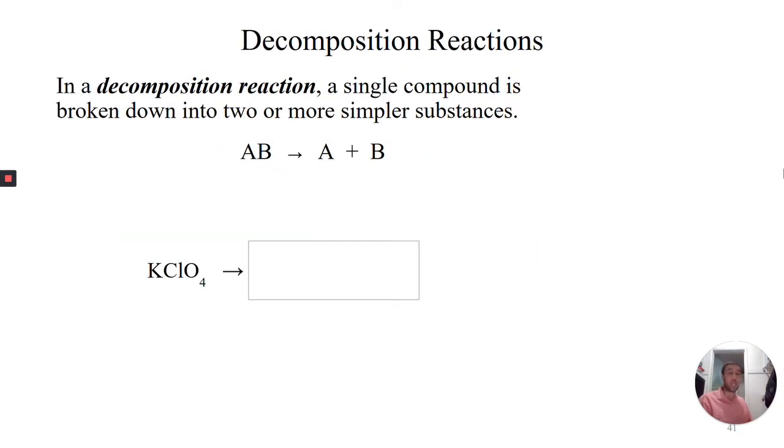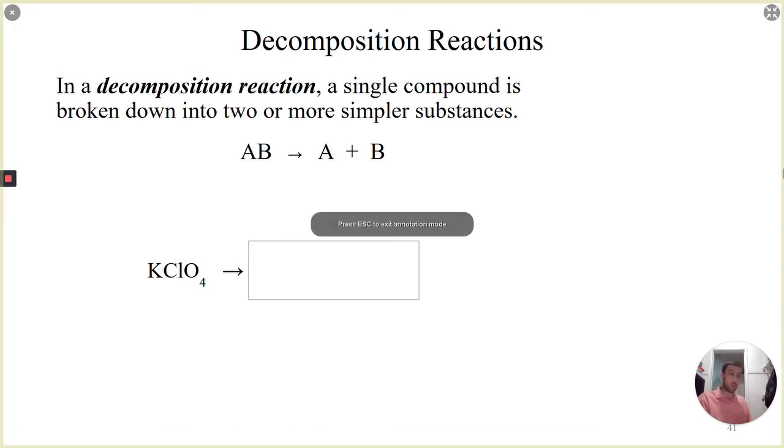We also get our decomposition reactions. This is where we start with a single substance and it becomes two or more. Again, I don't expect you to predict this because if we look at that reaction, what does it decompose into? One option is I could be like, well, KClO2 plus O2.